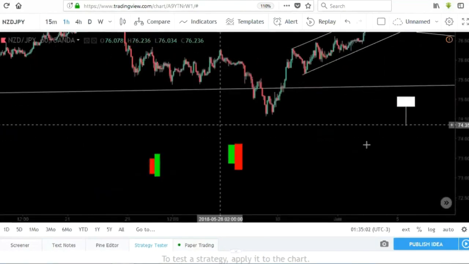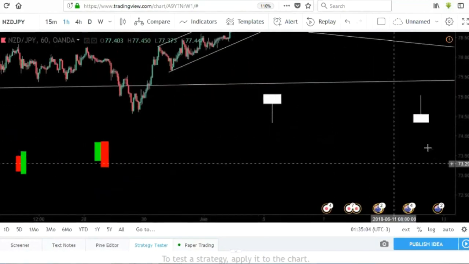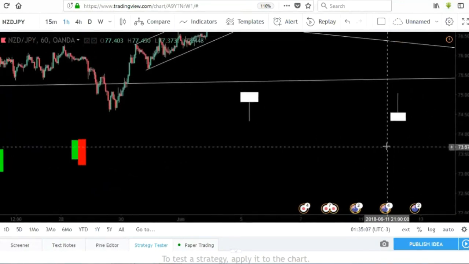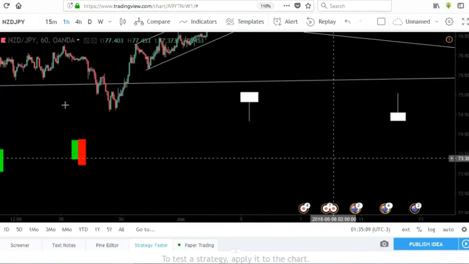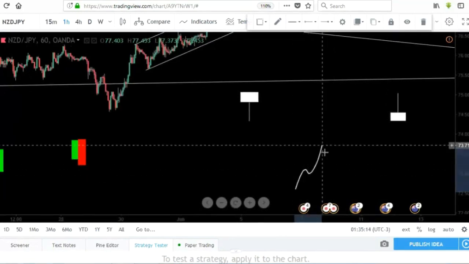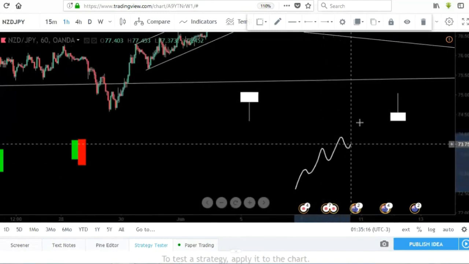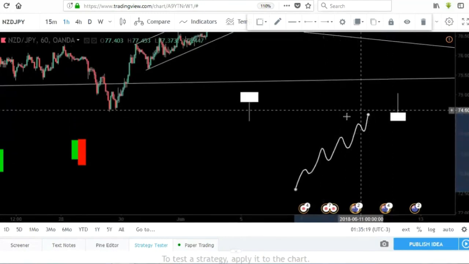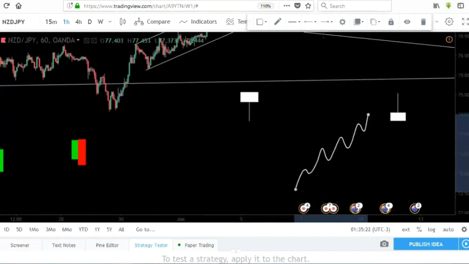So how can we read this type of signal? When it's formed in an uptrend, meaning it has been an uptrend going all the way up, and then once it gets to resistance, it forms this type of signal. It can be a major resistance from something else.